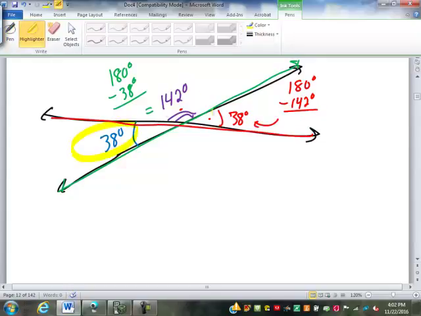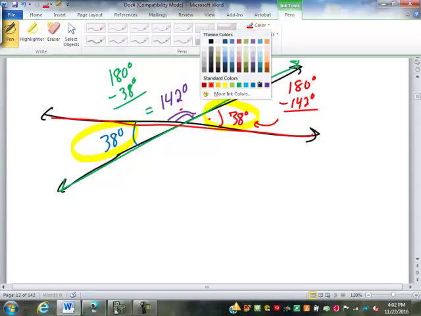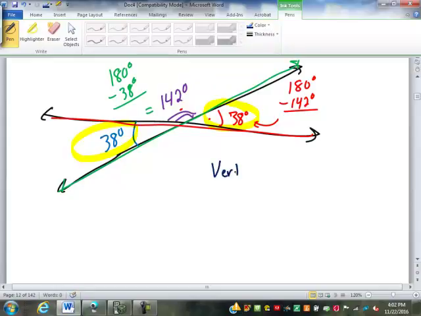These two angles here that are formed on the opposite sides of intersecting lines have a special name. They're called vertical angles. I won't test you on the vocabulary, but you'll hear that term maybe used in the homework, so knowing what it is is good. Vertical angles will always be equal. This angle and this angle will always have the same value.